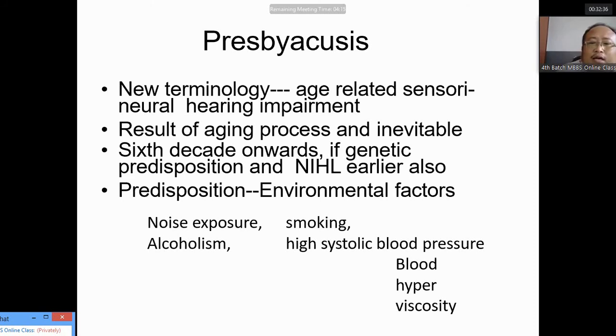And there might be other external and environmental factors that deteriorate the hearing loss in presbycusis, like noise exposure, alcoholism, smoking, high blood pressure, and blood hyperviscosity. These might be additional causes for the deterioration of hearing loss in presbycusis.